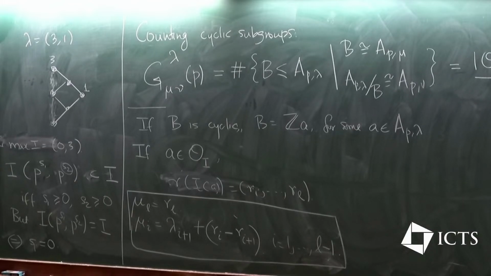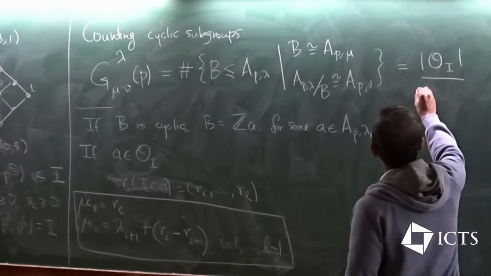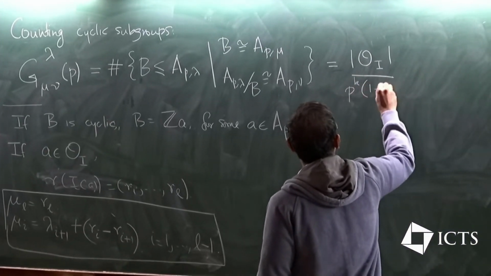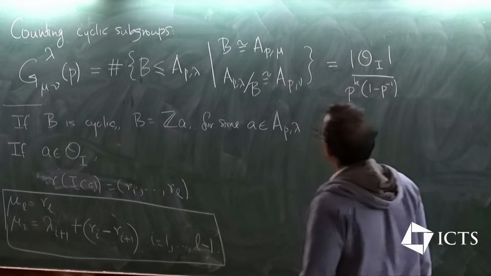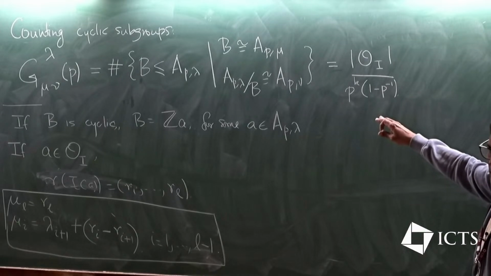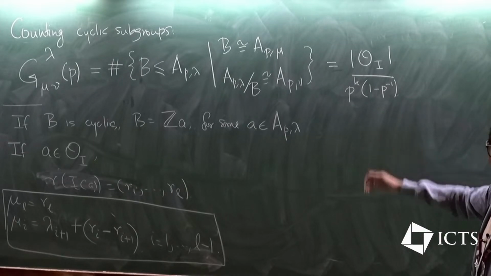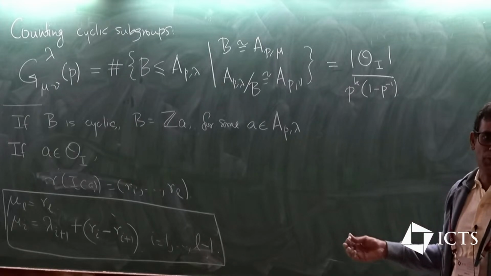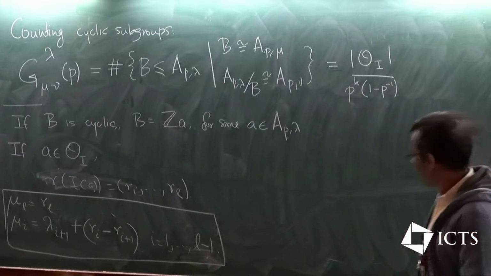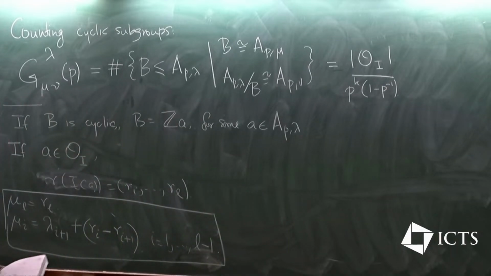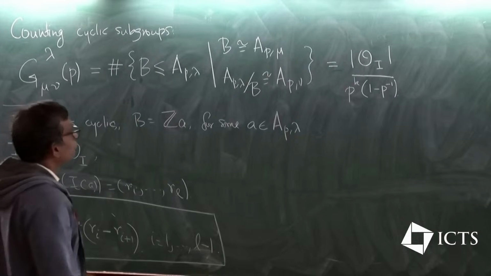So that would just be p to the k times 1 minus p inverse. If you have a cyclic group of order p to the k, the number of generators is p to the k minus p to the k minus 1, which we can write as p to the k times 1 minus p inverse.